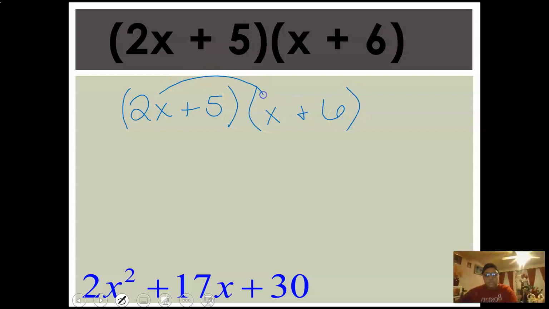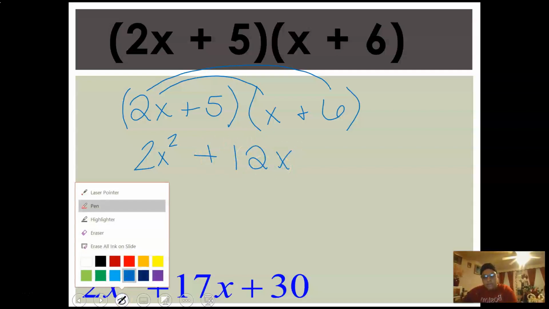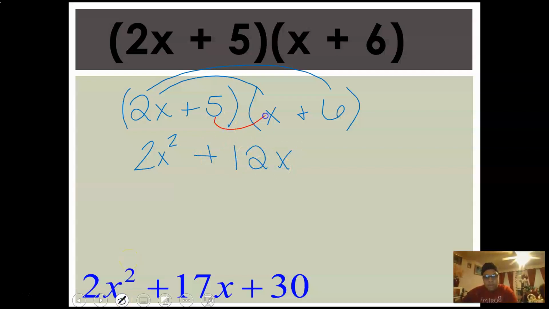So you would multiply 2x times x is 2x squared. You have 2x squared and then plus 12x. And then here you would have to multiply again. You have 5x plus 30.